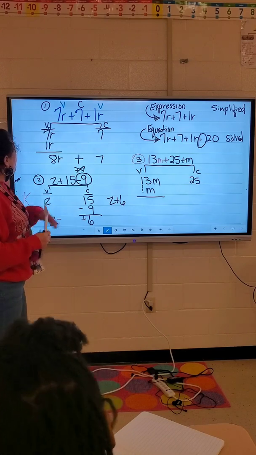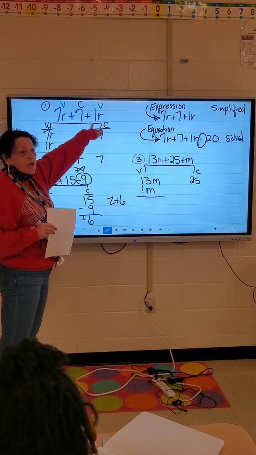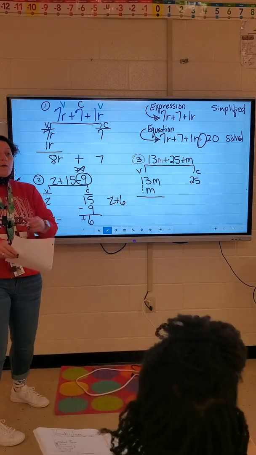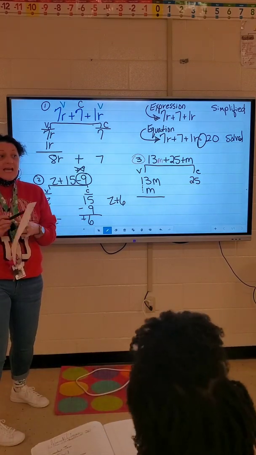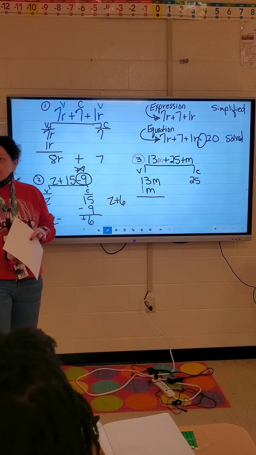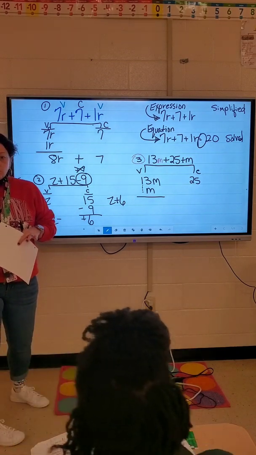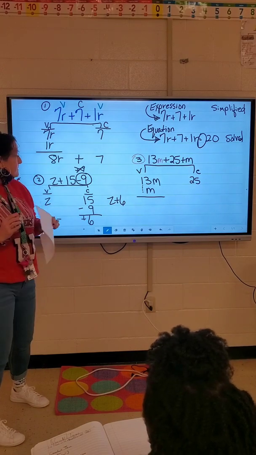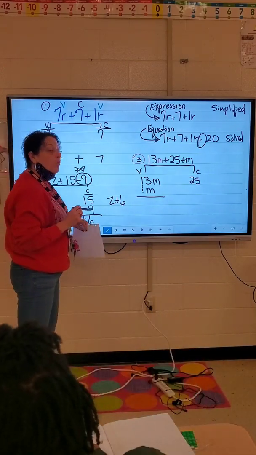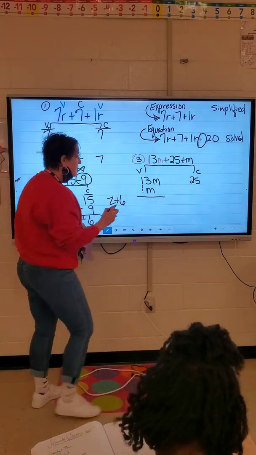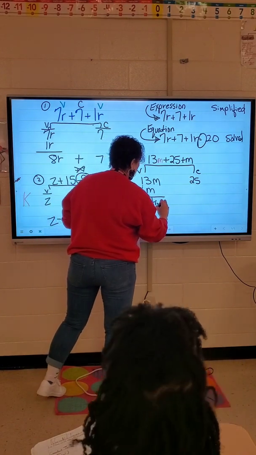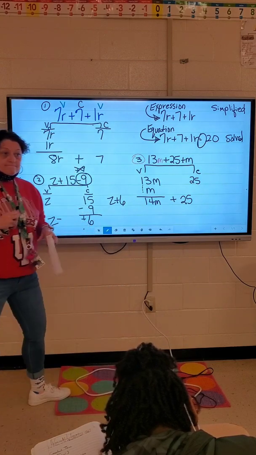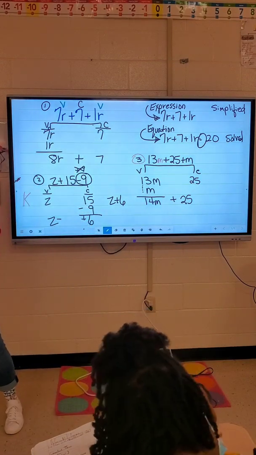Unlike up here, this one showed the 1. 99.9% of the time, you will never see a 1 in front of a variable. You have to just know it's there. So, 13M and 1M is how much? 14M plus 25. Did you get that? Okay.